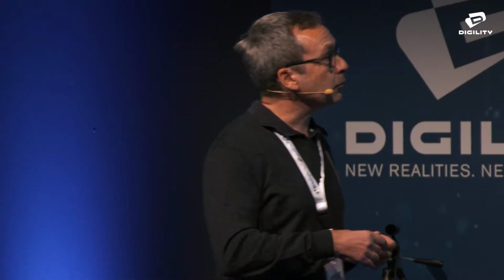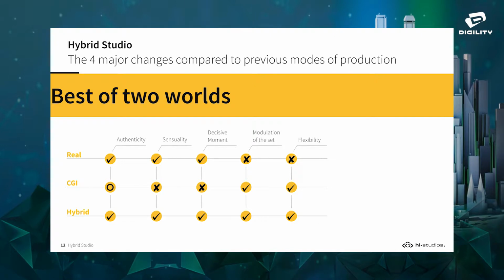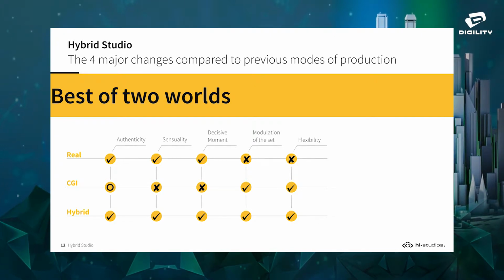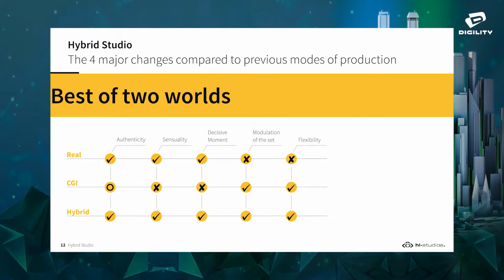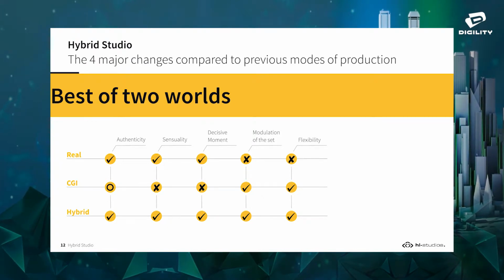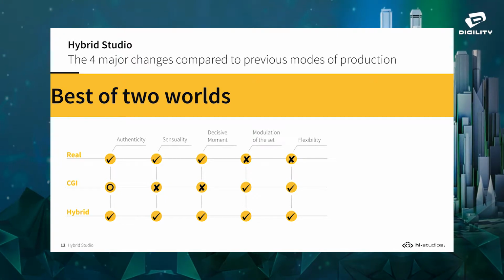Then the next difference is that we are able, in photography and in video, to pick the best of 2 worlds, the best of the virtual world and the traditional production world. Until now, you could choose either to shoot on location, then, of course, it's authentic, but it's not really flexible in terms of moving walls or adding a window.